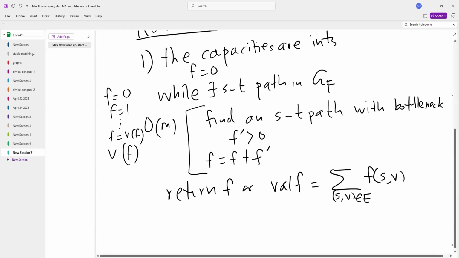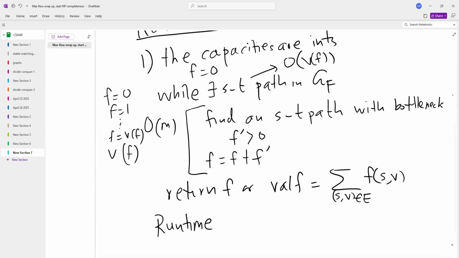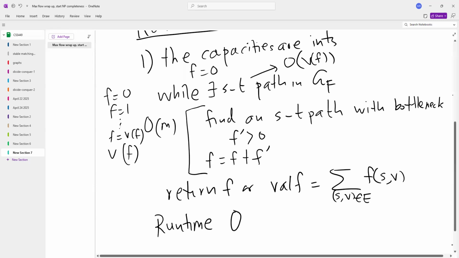That means this runs in time order of the value of the flow. So it's actually not a runtime that just depends on the graph parameters. It also depends on the value of the flow, right? So the runtime is m times the value of the flow.